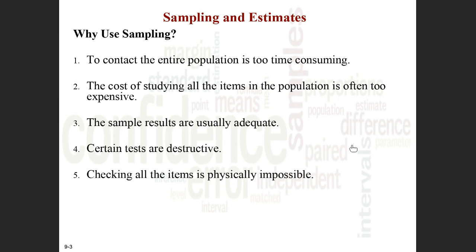The cost of studying all the items in a population is often too expensive, although I would think that cost is going down. The sample results are usually adequate, because as we increase our sample size, it approximates the normal population. And as previously said, certain tests are destructive, and checking all the items is physically impossible, but with computing, it now becomes possible.